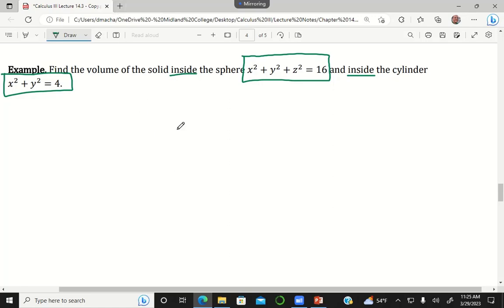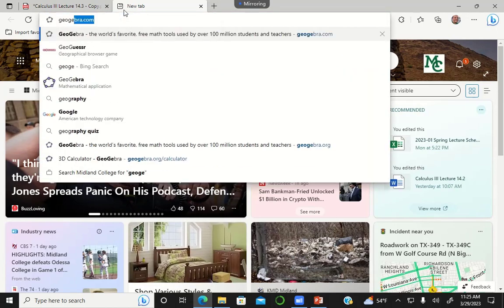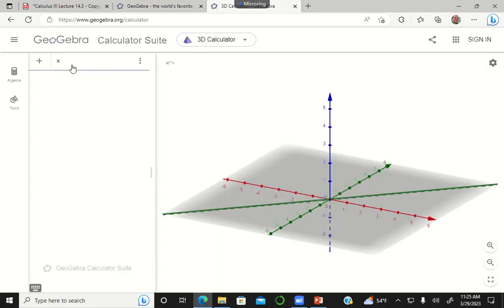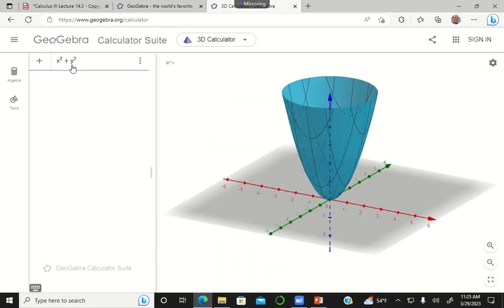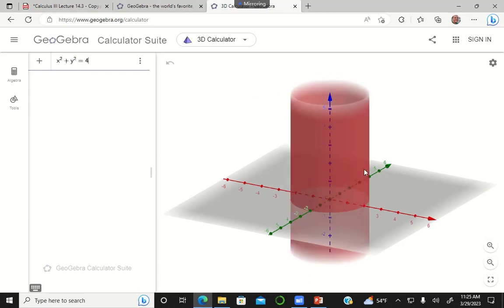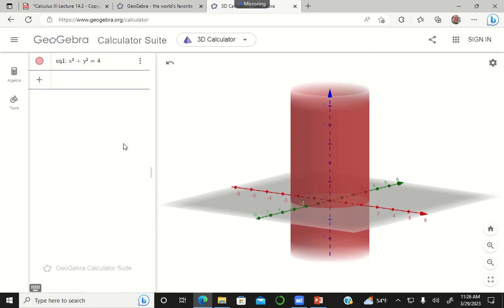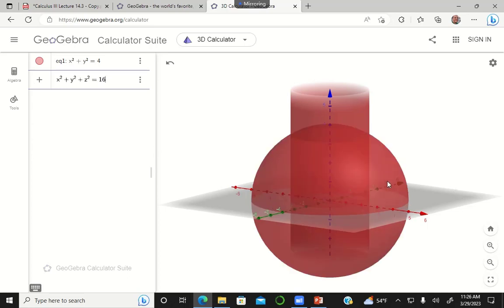So let me graph this. We've got x squared plus y squared equals 4. So that's the cylinder. I'm saying my solid has to lie inside that cylinder. And then also, this particular solid we're talking about has to lie inside this sphere right there.